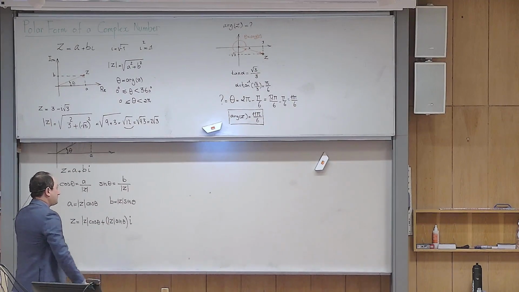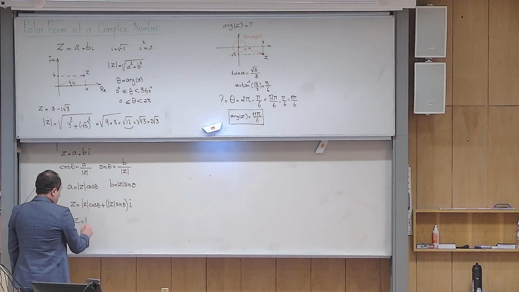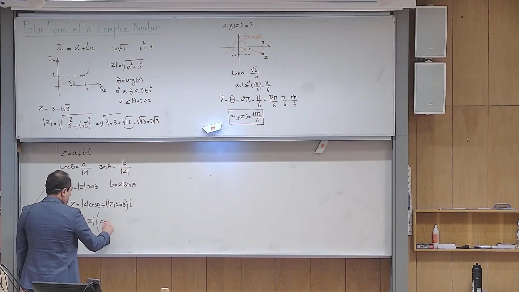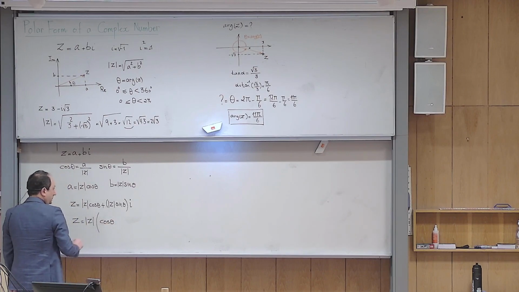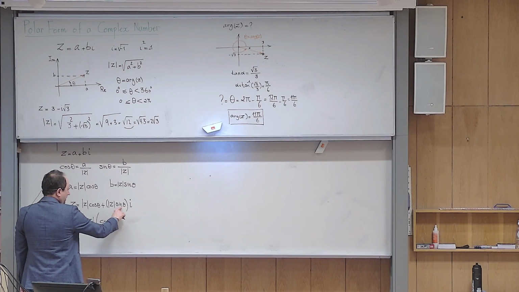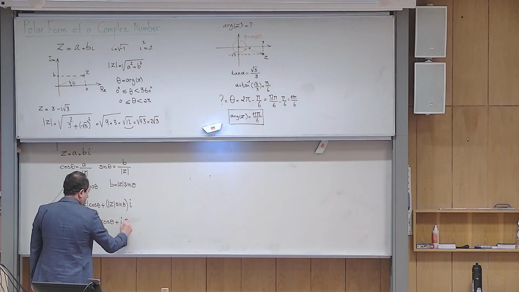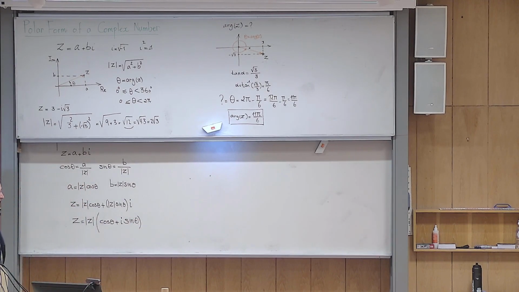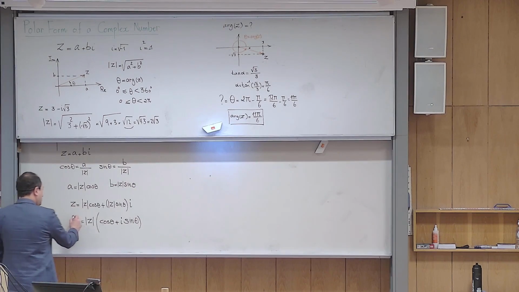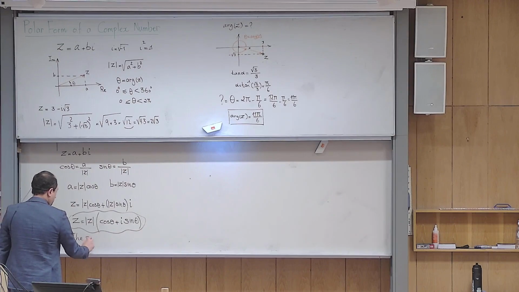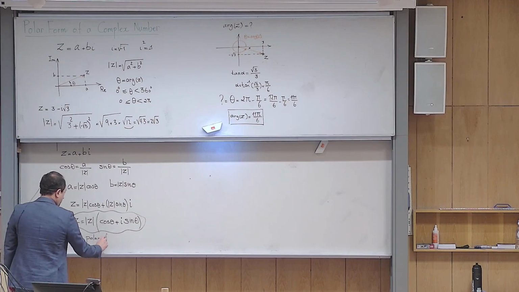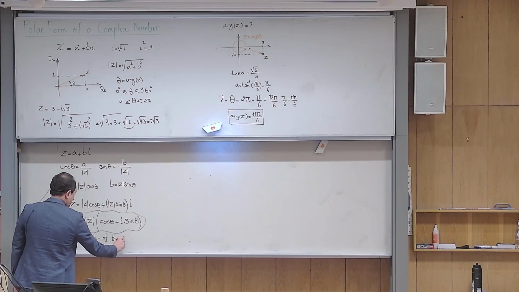So the absolute value of z, I pull it out, and what is left is cosine theta from the first one. From here, i and sine theta are left, so to avoid getting confused, let me write i on the left side rather than the right side. This is called the polar form of the complex number z.